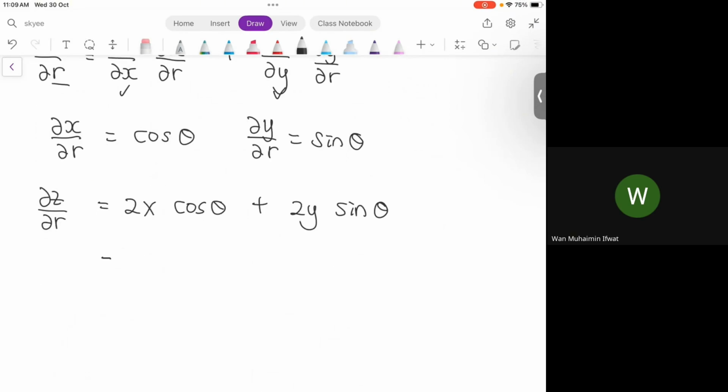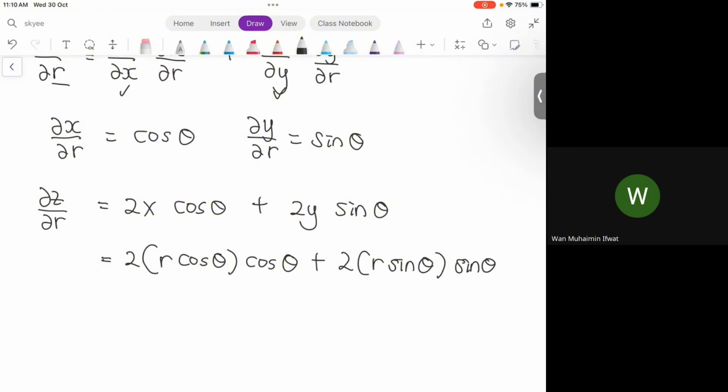And now replace your x and y with their respective functions. x is r cos theta, so we have a cos theta, plus 2, y is r sine theta, and you have a sine theta here.